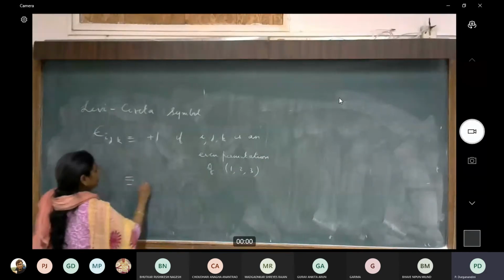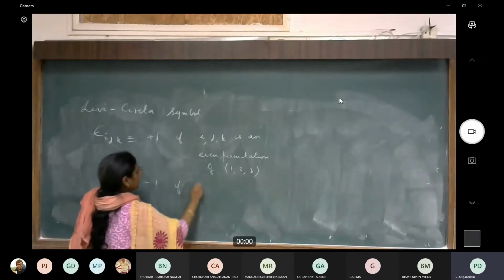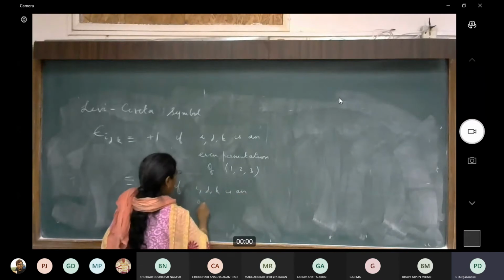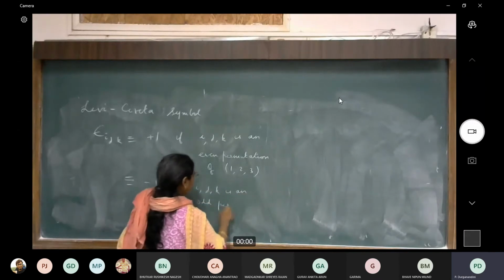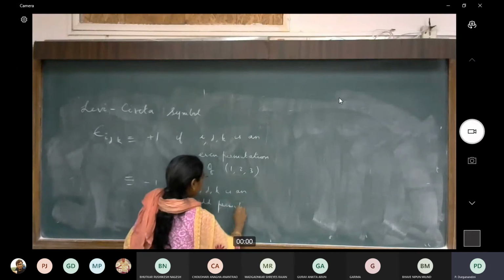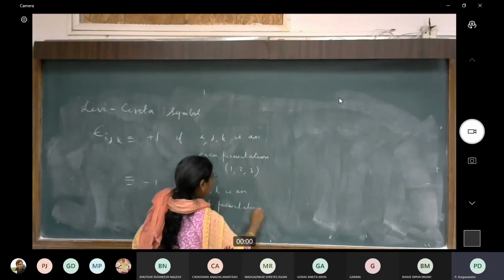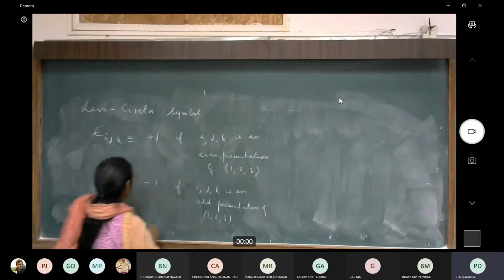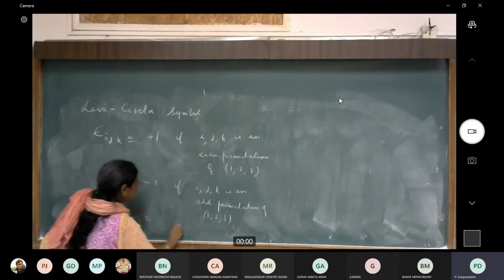This is by definition -1 if ijk is an odd permutation. I'll tell you what we mean by even and odd permutation in just a minute. And this is equal to 0 otherwise.